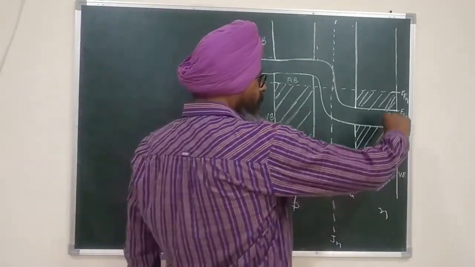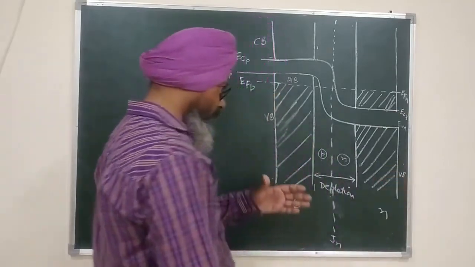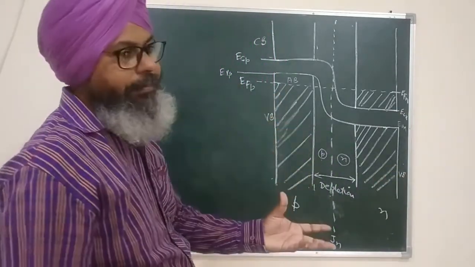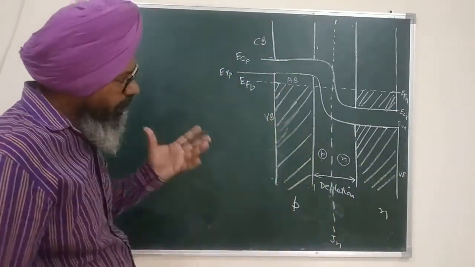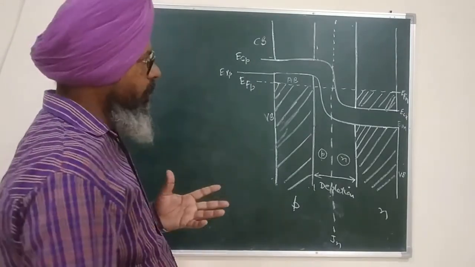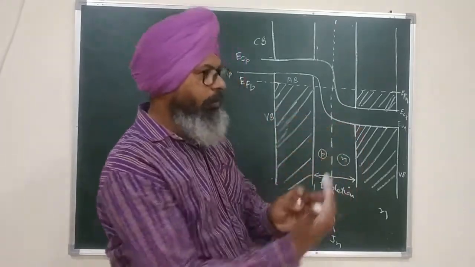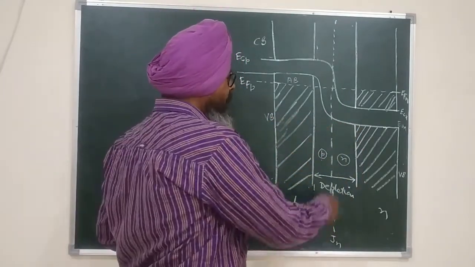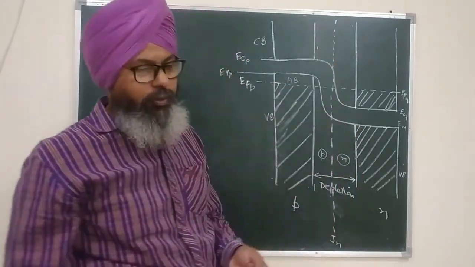Now please remember, this is not a diagram, it's not a figure, it is a sort of graph. It is a sort of three-dimensional graph. It extends out of the board also. I have drawn it like a line, but actually it is a surface.